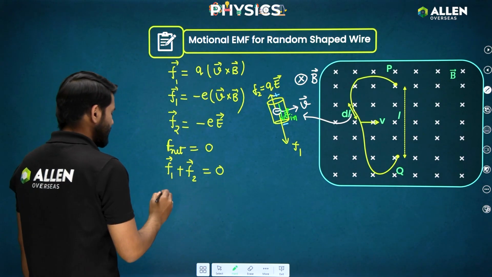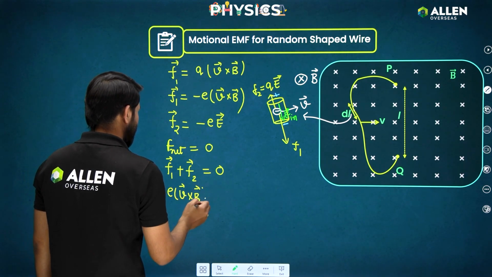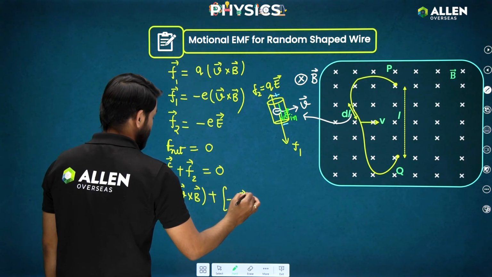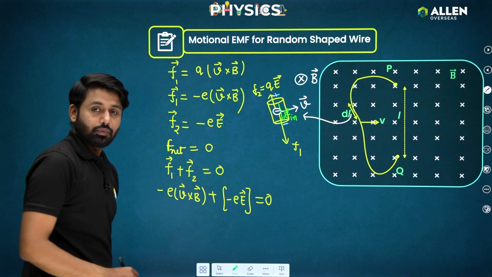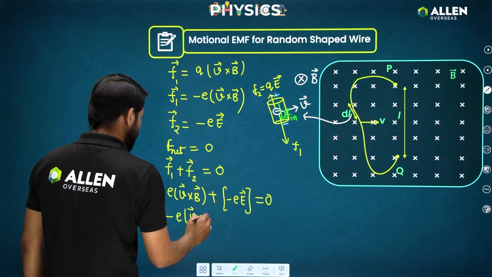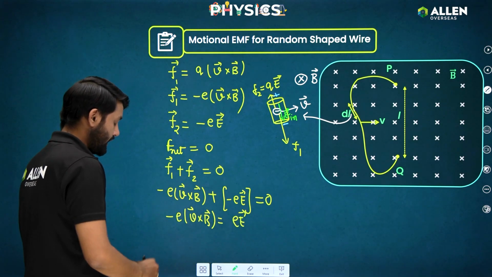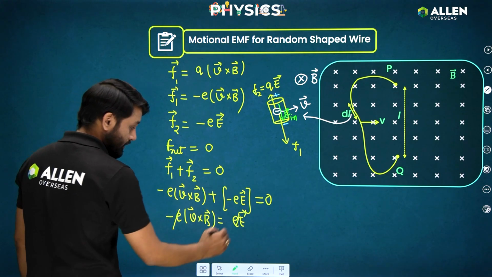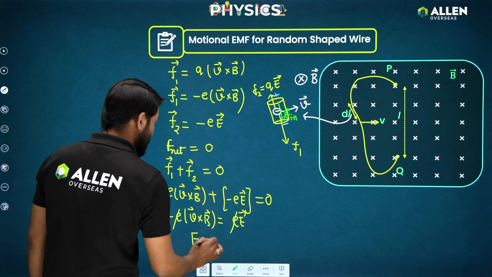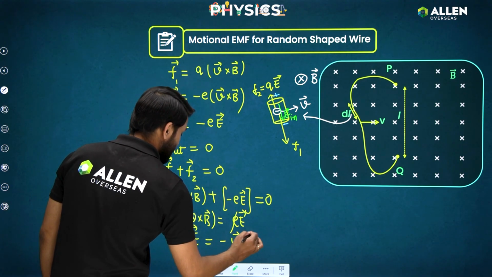Okay, so F1 is minus E V cross B, and F2 is minus E into capital E is equal to 0, right? Let's solve. So minus E V cross B is equal to E capital E, right? This E cancel. So you can see here E vector is equal to minus V cross B, right?